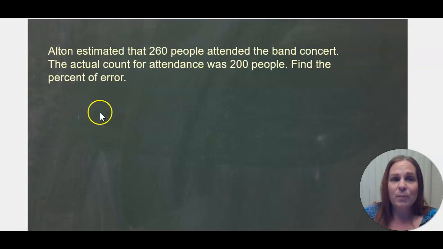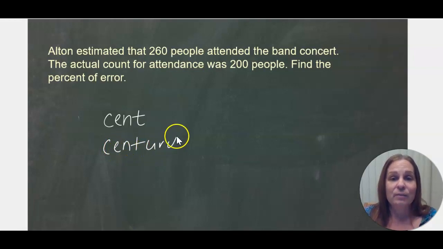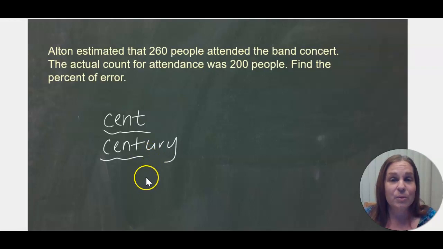So if you think about the word cent on its own, there are 100 cents in a dollar, right? There are also 100 years in a century, right? So we start to relate this prefix or suffix, cent, with the number 100.